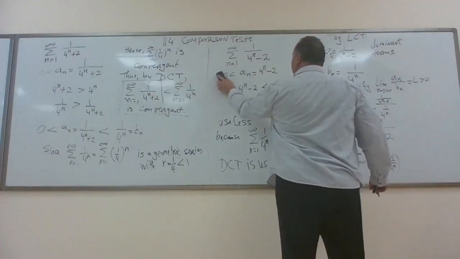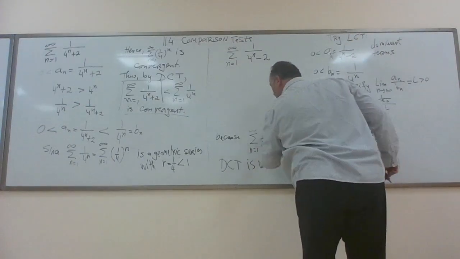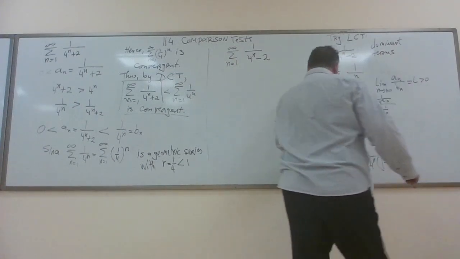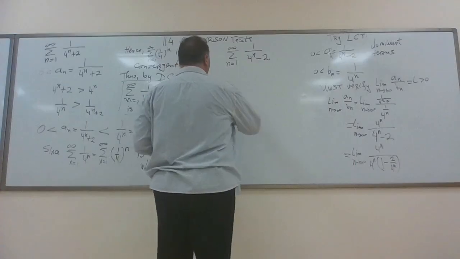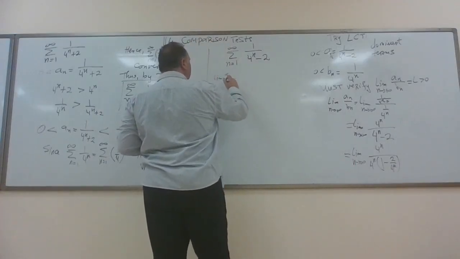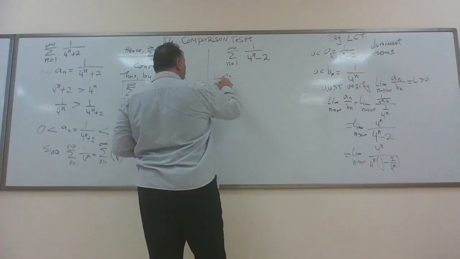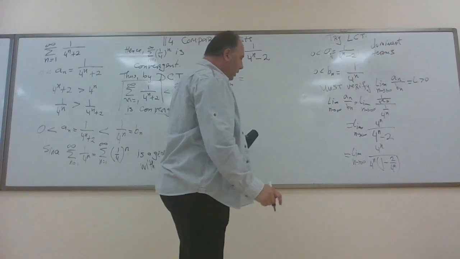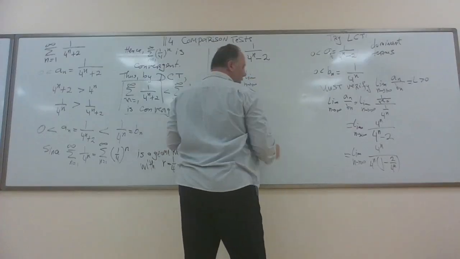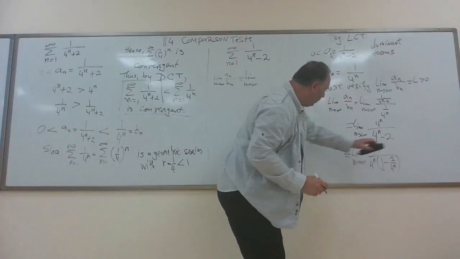So in this situation, the direct comparison test was not useful, and then we tried the limit comparison test. So this will lead to this expression where 4 to the power n is simplified.